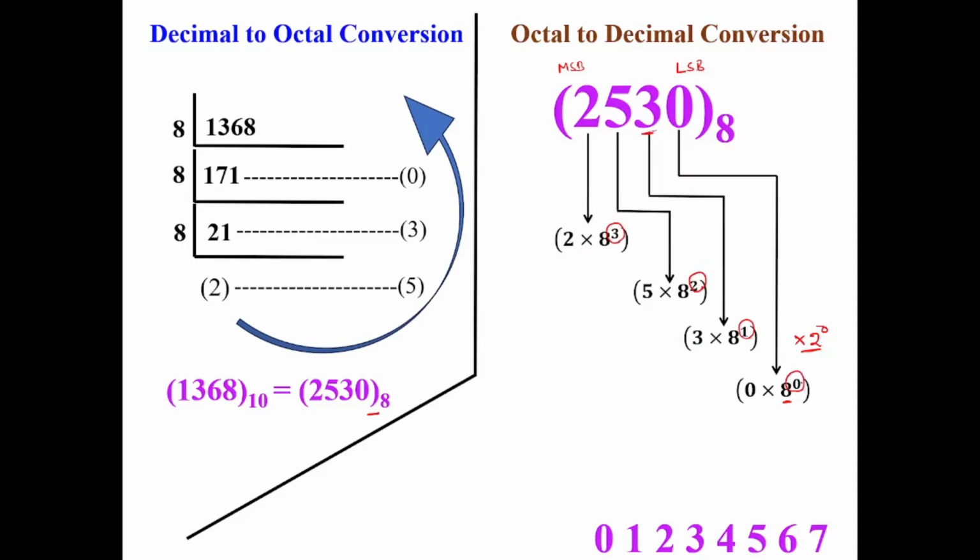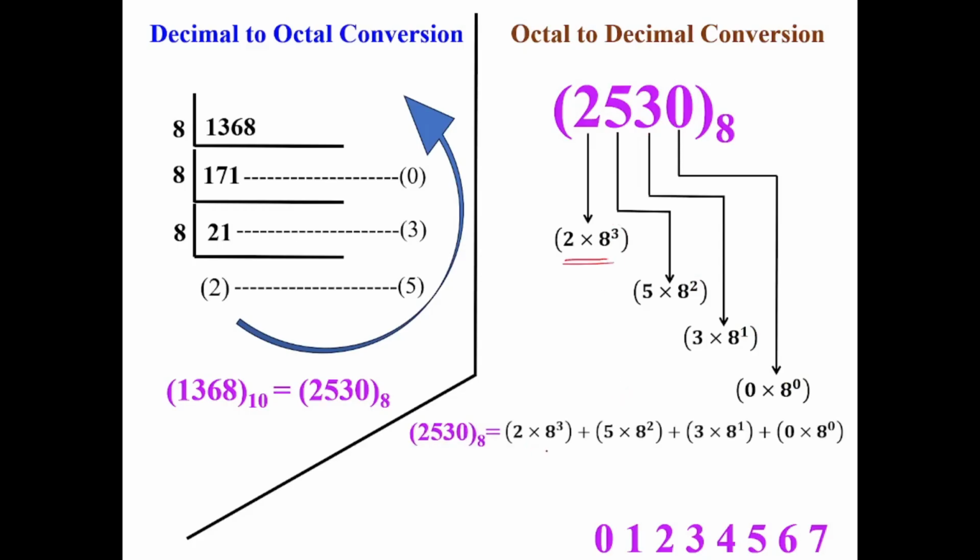Here the power starts from 0 and increases by 1 each time, just as in binary it was 2 to the power 0, then 2 to the power 1, like that. Now we just have to add these values: 2 into 8 to the power 3, 5 into 8 to the power 2, 3 into 8 to the power 1, and 0 into 8 to the power 0.